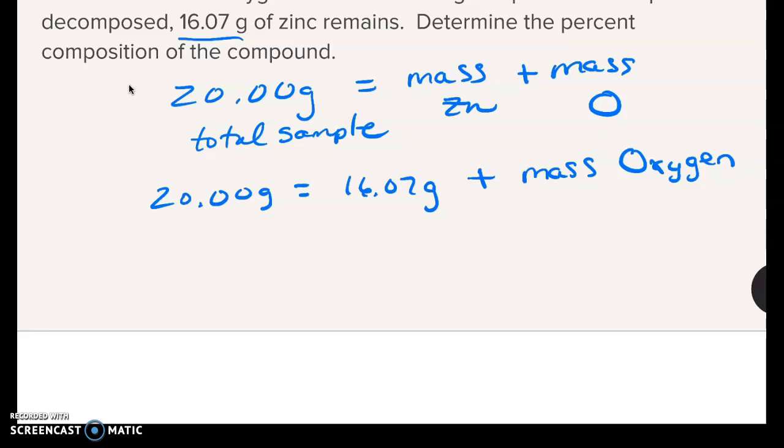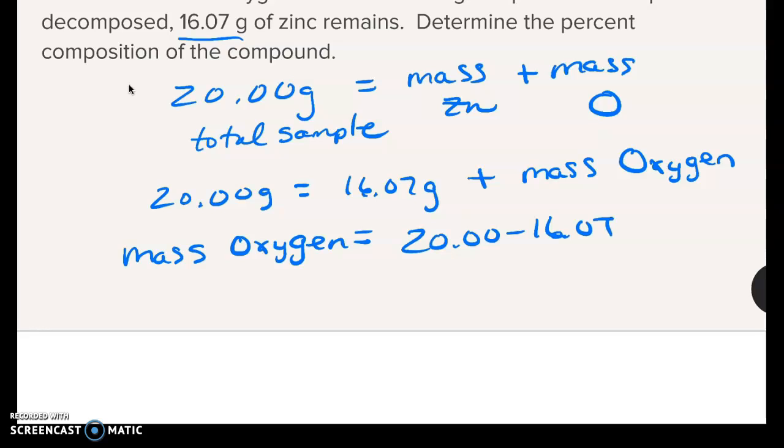My mass of oxygen is just going to equal 20 minus 16.07, which would give me 3.93 grams. So now I know the mass of the oxygen and I know the mass of the zinc.